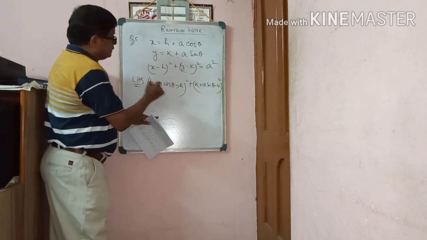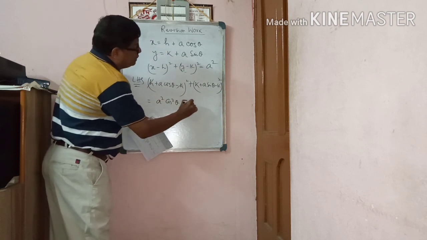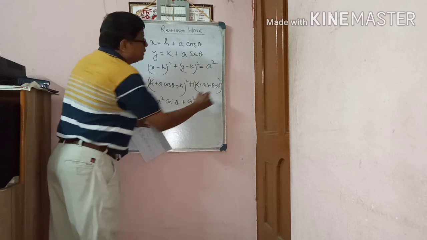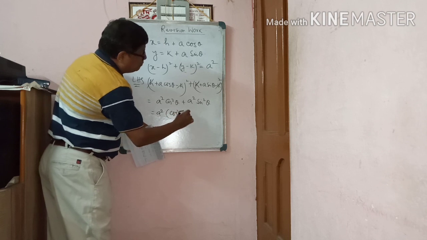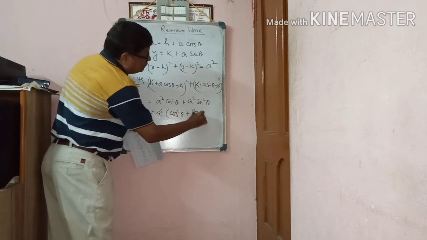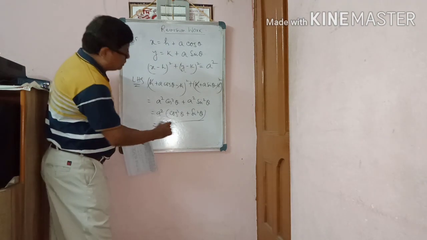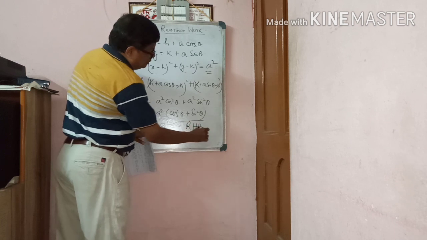So h is cancelled. So a square cos square theta plus a square sin square theta, k cancelled. So a square common, cos square theta plus sin square theta. All of you know sin square plus cos square is 1. So it will be a square, proved. So this will be RHS, proved.